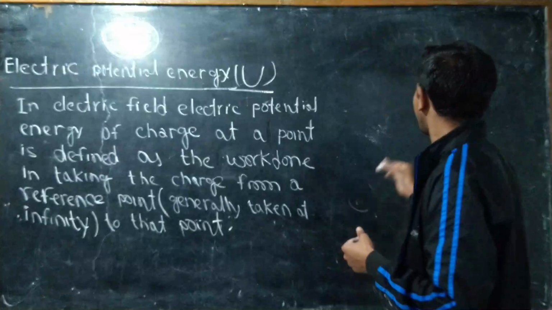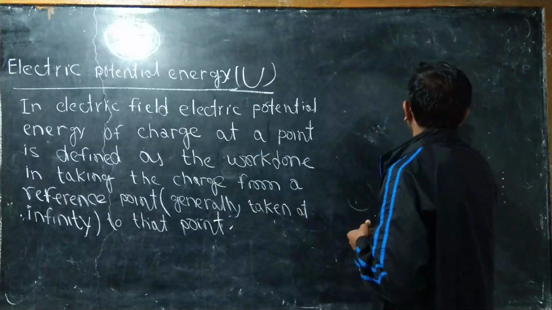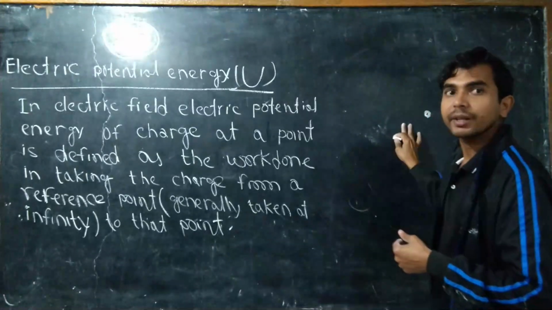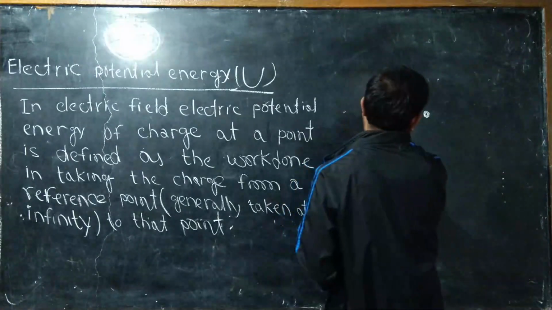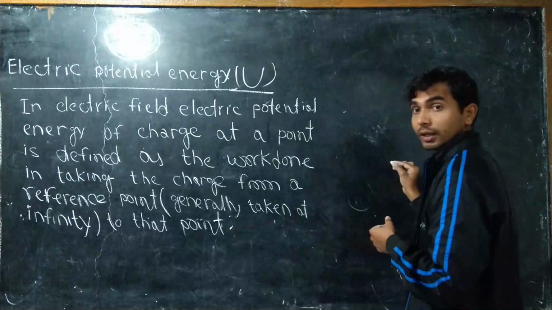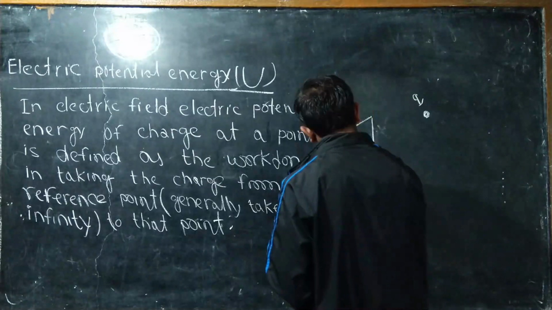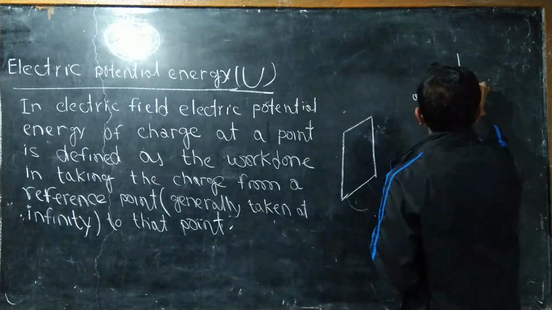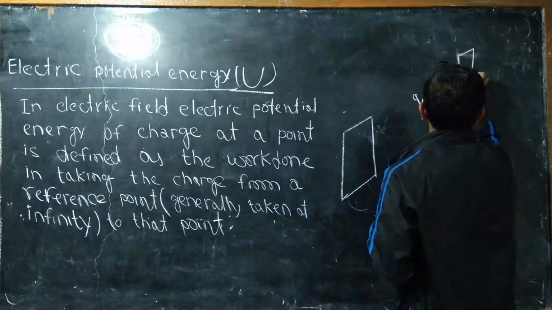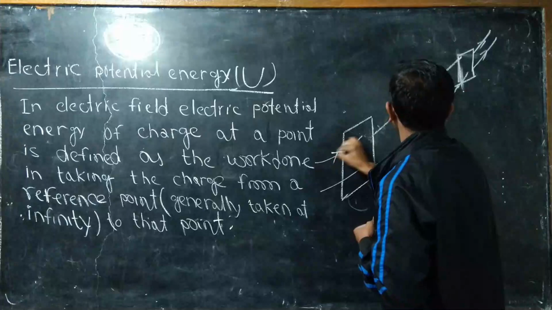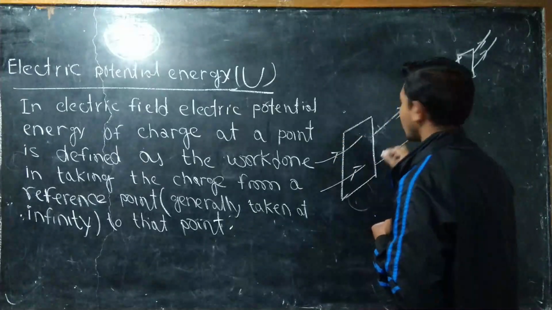Okay, suppose this is your point, and I am bringing a charge q to this point. This point is located in an electric field. Suppose this is your electric field; these are the electric field lines.